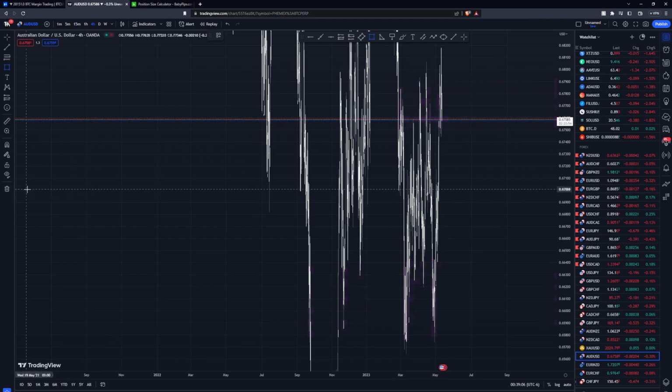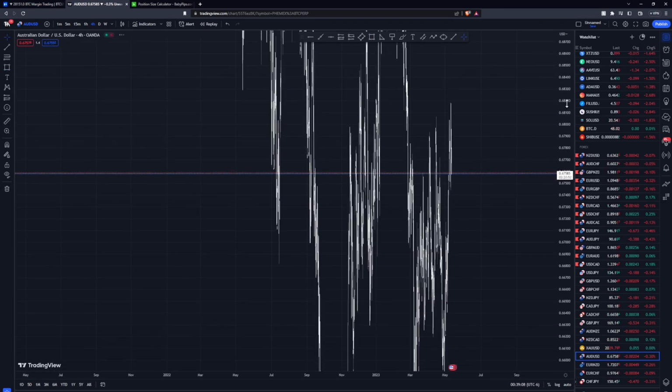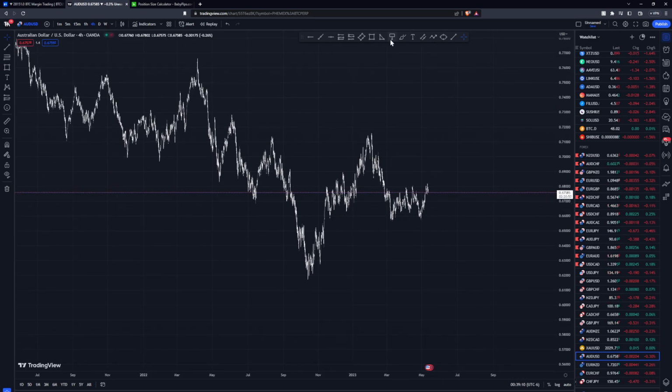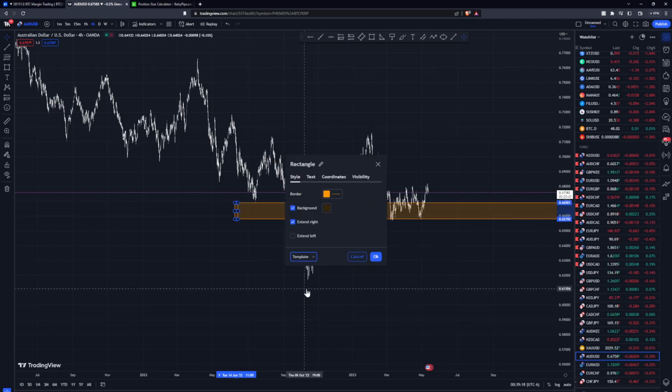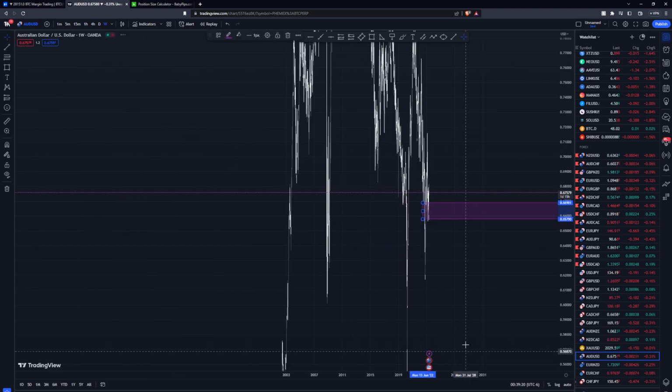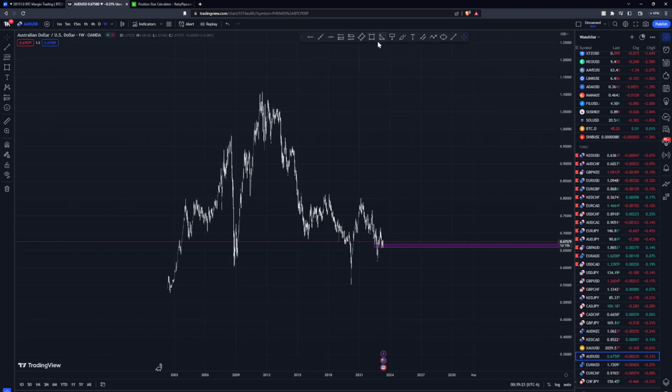AUD/USD. Swipe this one. Oh, we're still on the 4-hour here. I'll just keep that one. Zoom it to the weekly. Sure, we can get some weekly zones in here. That one seems pretty clear.